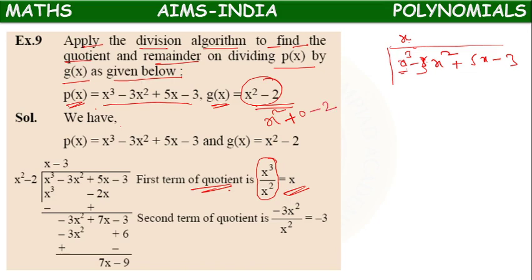So let's take 0 there. So x square plus 0 minus 2 we can take here because the x term is missing. So x into x square is x cube, minus x into 0 is 0, plus x into 0 is 0, minus 2 into x is 2x.